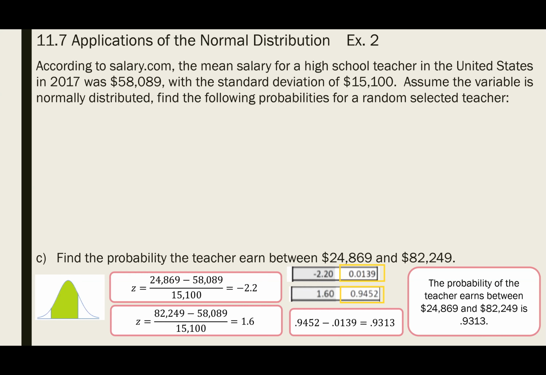If you go to New York or Texas or somewhere that is higher, then it might be in the 75 range or in the 80 range. But the probability of you selecting one teacher and them getting paid in this range is 0.9313.